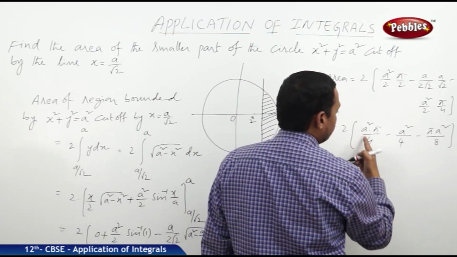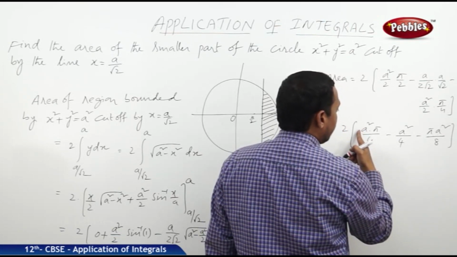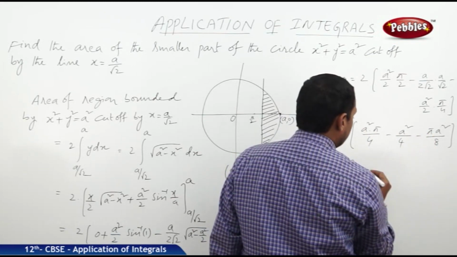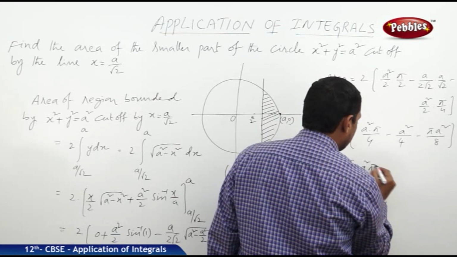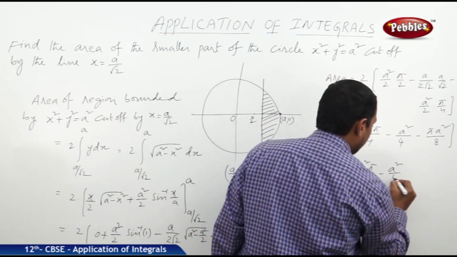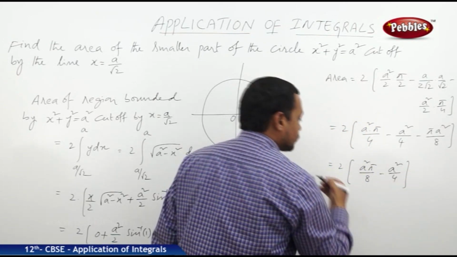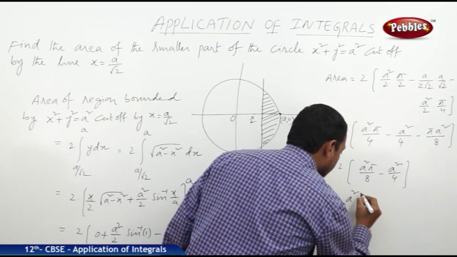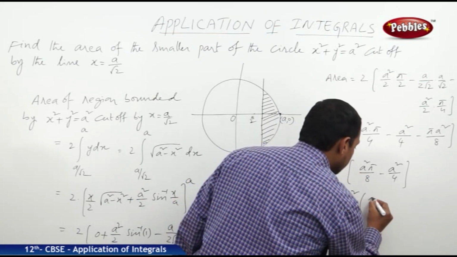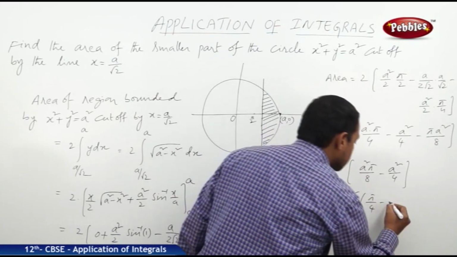When we take LCM 8, it is 2a square pi minus pi a square, that is equal to a square pi by 8 minus a square by 4, or dividing by 2 and taking a square common, a square into pi by 4 minus 1 by 2.